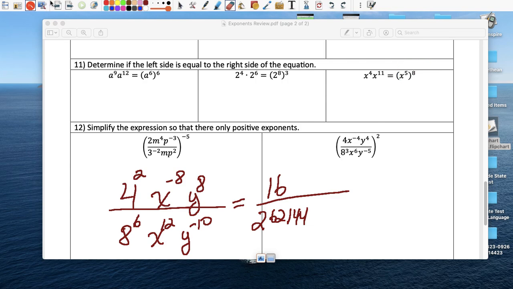What the heck? 16 over 262,144. Enter. No, simplify. Try again. What am I doing wrong?